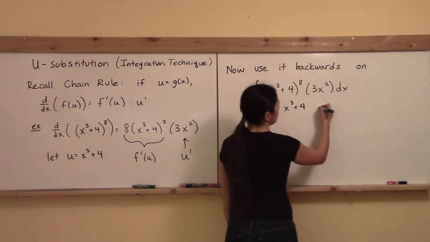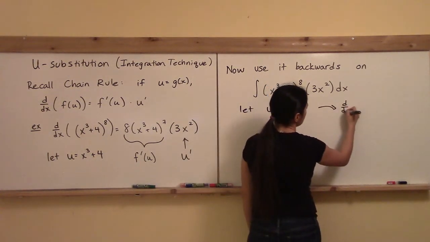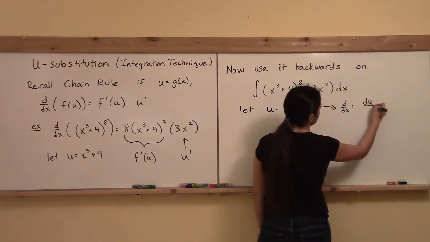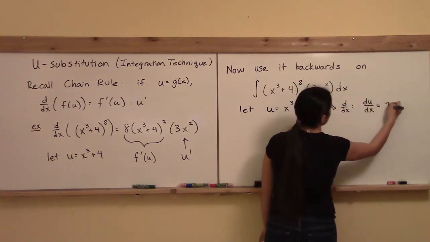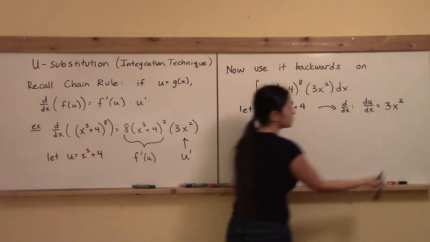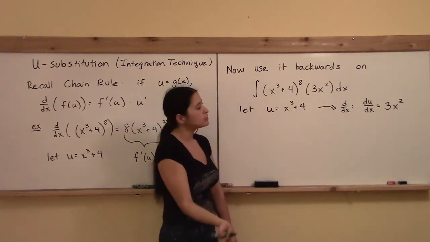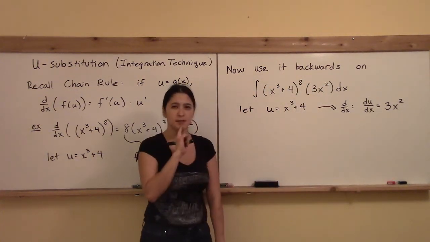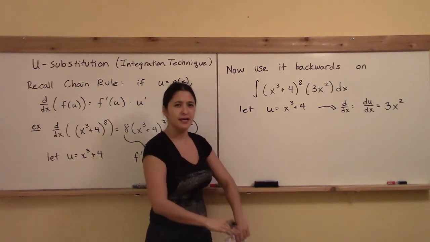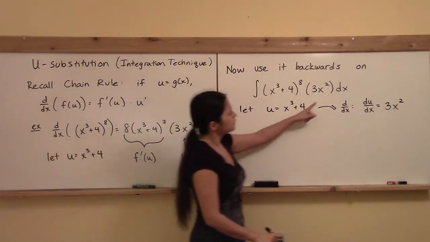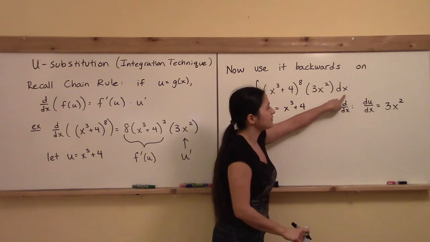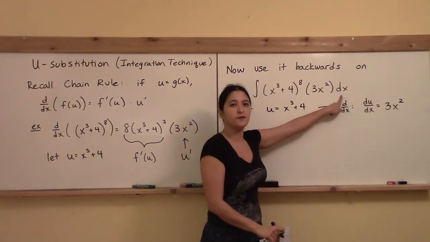Now usually when you take a derivative, when you take the d dx, you get the statement that du divided by dx is equal to whatever the derivative is on that side. That's the usual way we do it. But now we're in integral territory, and when we have the integrals, you see we have this little thing hanging out at the end of every integral. That's called the differential.